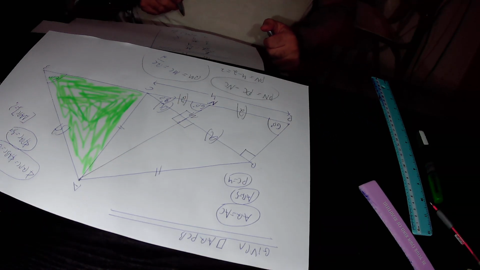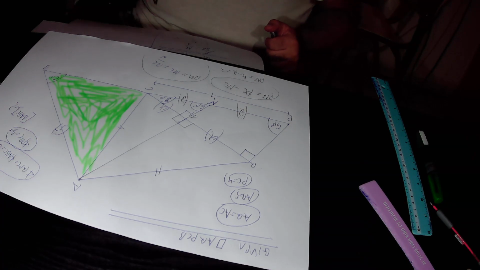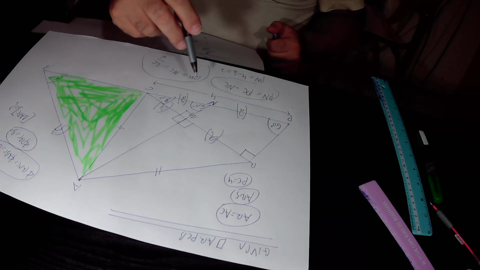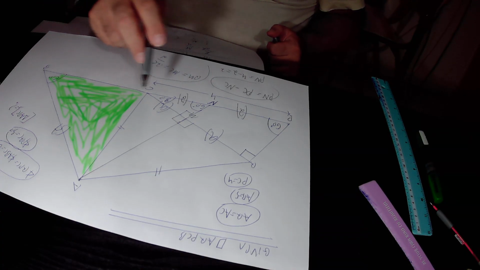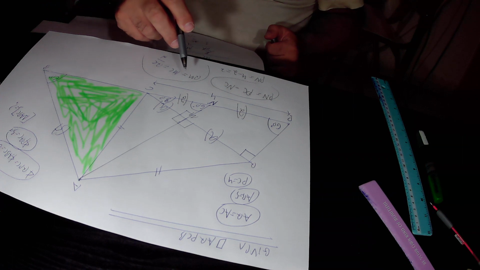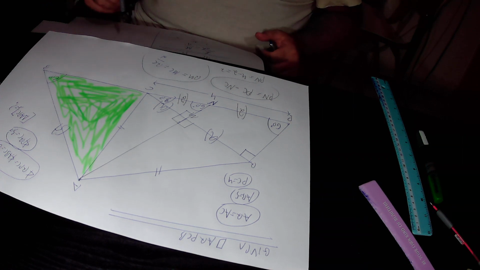In the next step, we will focus on the big triangle ABN. So I'll copy triangle ABN on a new page and we will analyze it.